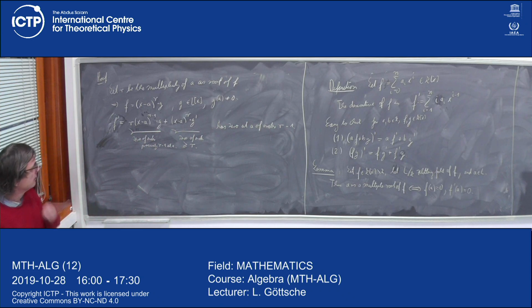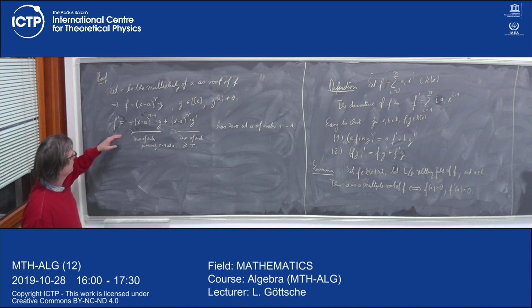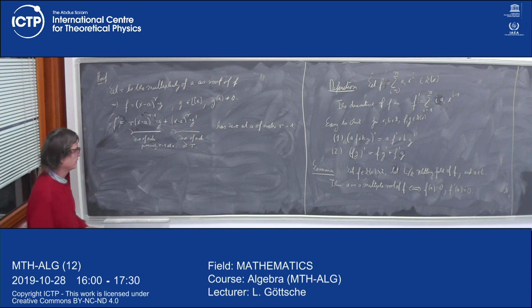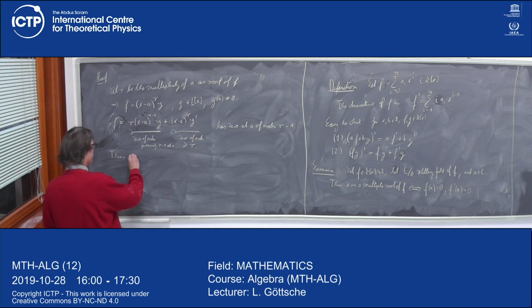So if we have a zero, the zero of the derivative is precisely one order less than the order of the zero of f, and so the claim follows. A is a multiple root.